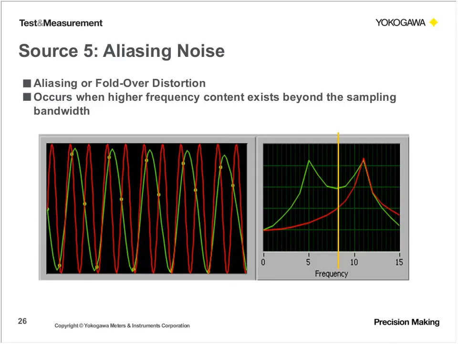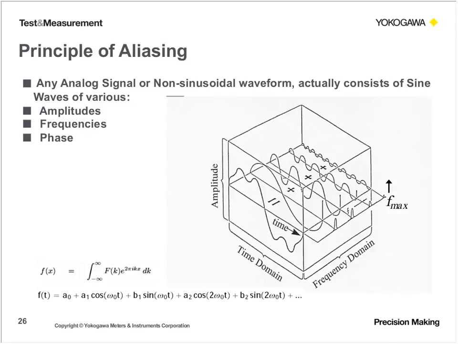To break down this example a little bit further, I want to go back to the basics, describing the time domain and the frequency domain. Any analog signal actually consists of a series of sine waves that have various amplitudes, frequencies, and phase.